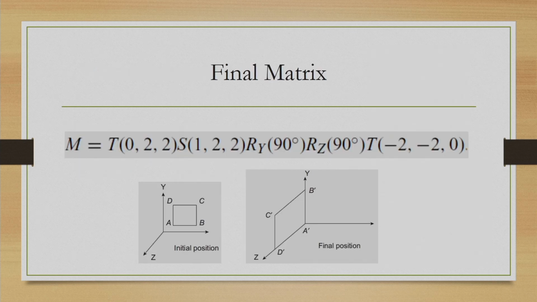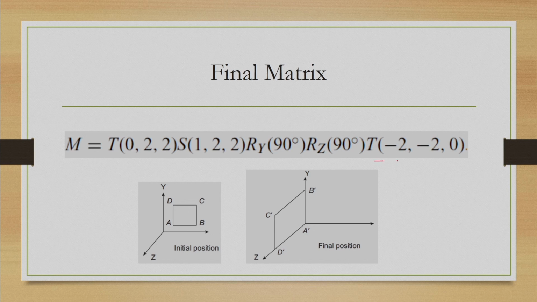So, then the composite transformation matrix can be obtained by multiplying these individual basic transformation matrices together, where we followed the right to left rule.